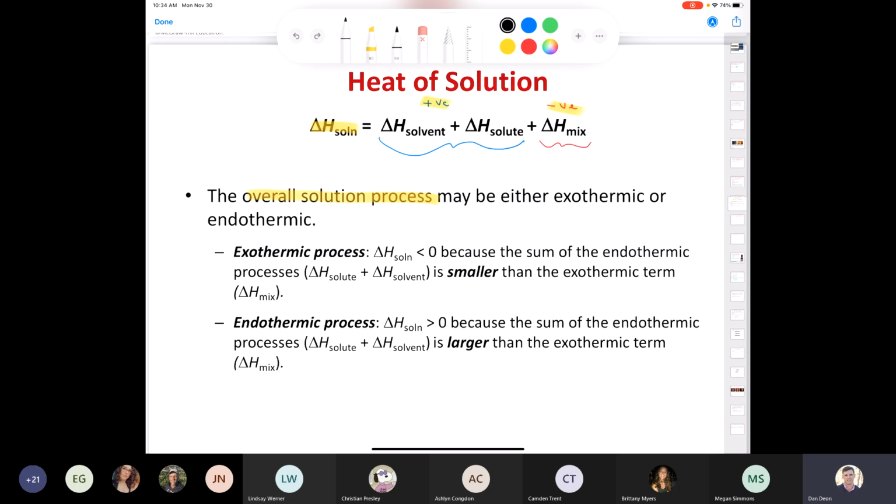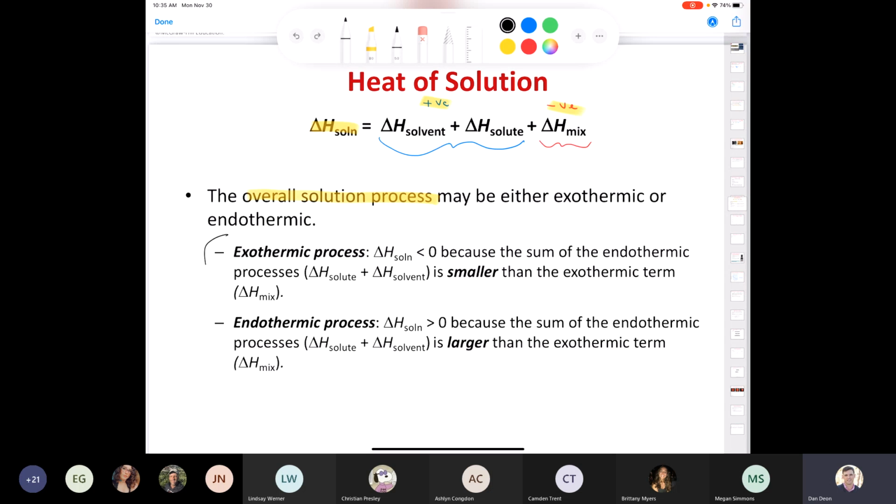In an exothermic process, the delta H of solution is going to be less than 0, a negative number, because the sum of the endothermic processes, the delta H of solute and solvent, is going to be less than the exothermic term. And then when I get an endothermic solution, so if the delta H is greater than 0, it's going to be because the sum of the endothermic processes, the delta H of solute and delta H of solvent, is larger, or this term is bigger than the negative term.